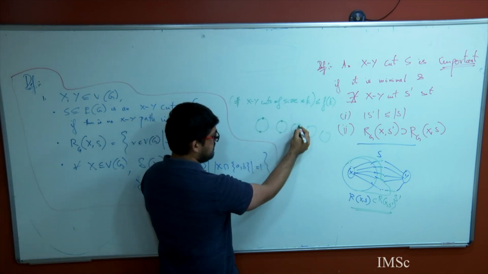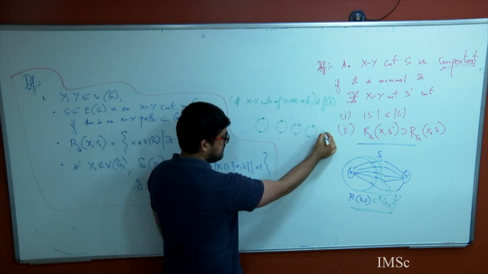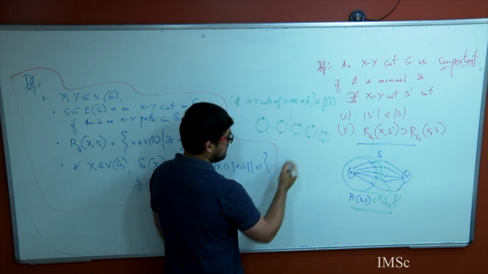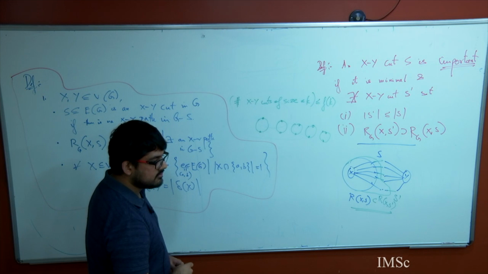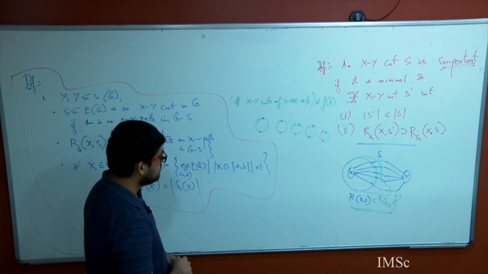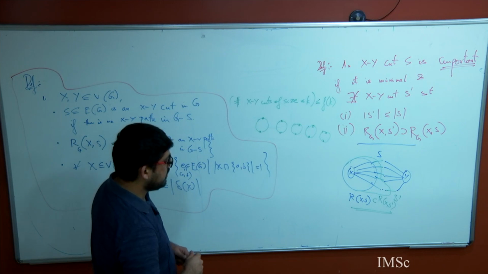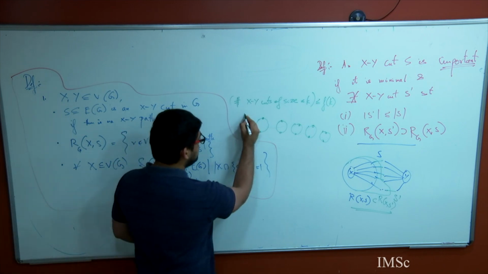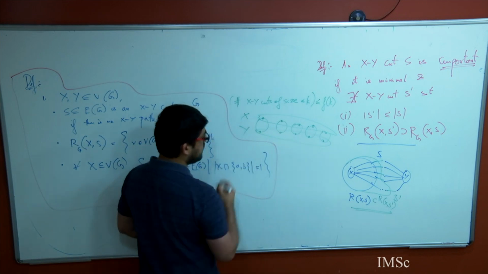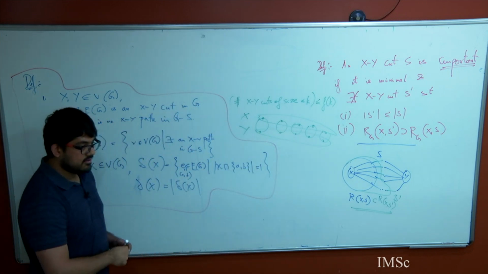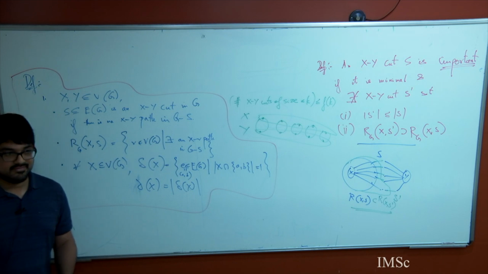Now any two edges, one from the left hand side and one from the right hand side, will form a cut. Between what and what? Top and bottom. Ah, okay. So this is your x, and this is your y. Okay, good, so there are so many combinations.